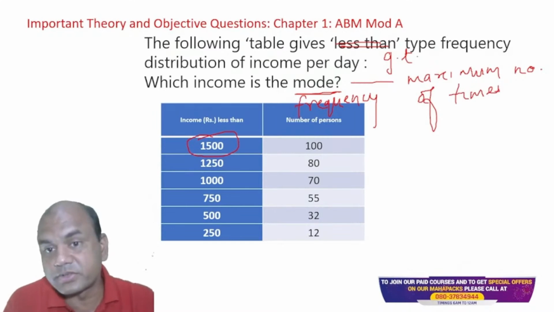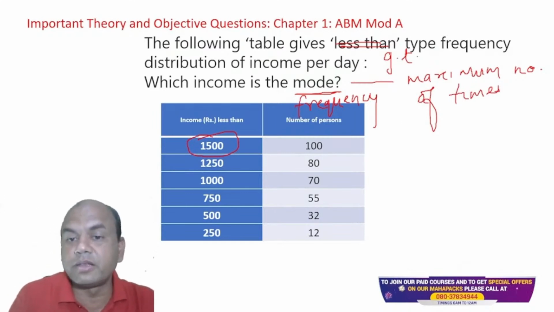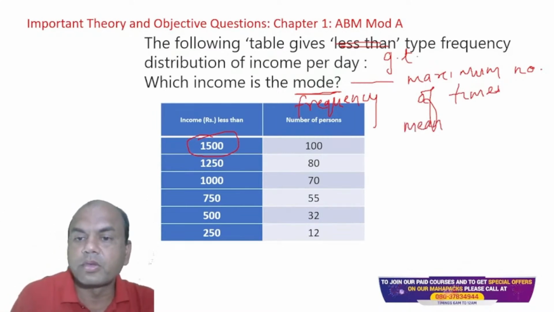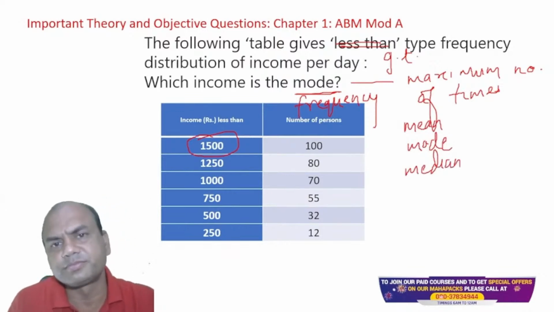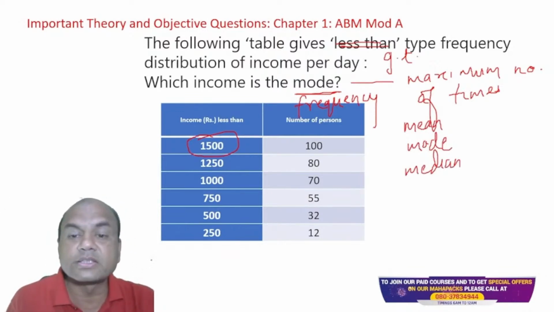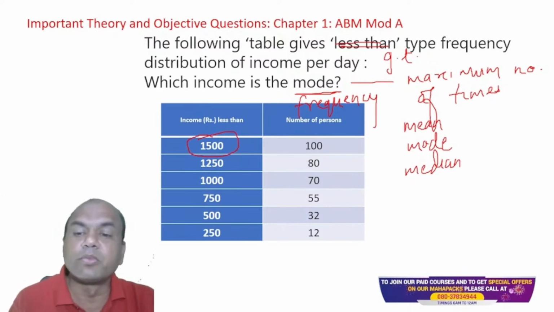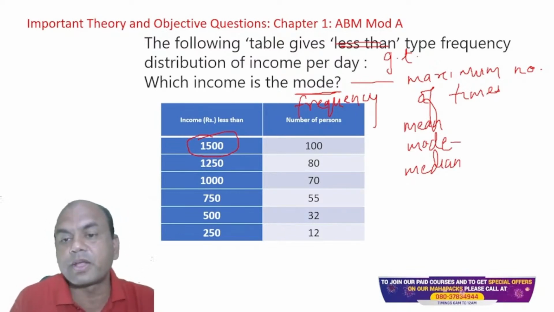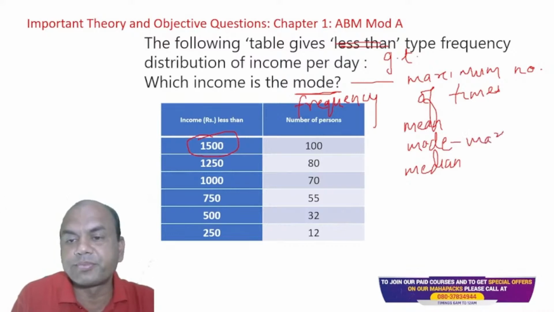There are three words you'll face again and again: mean, mode, and median. So what is this mean, mode, median? Mode, just now I told you, is the maximum number of times. Mean is average.